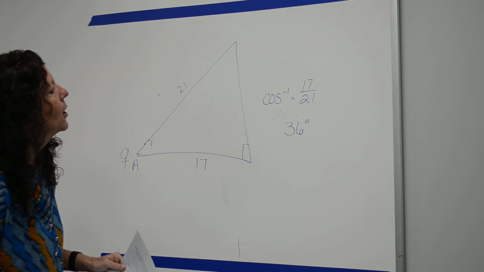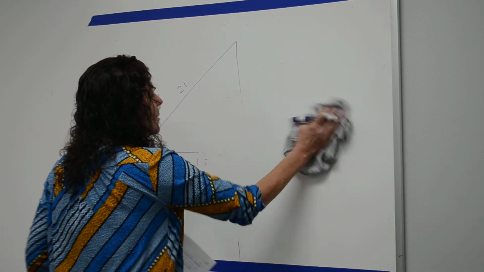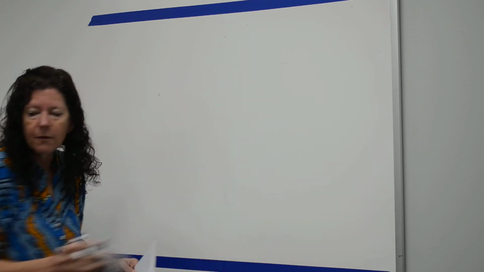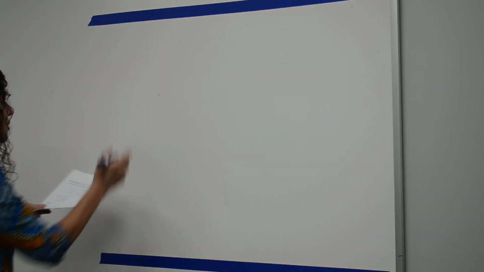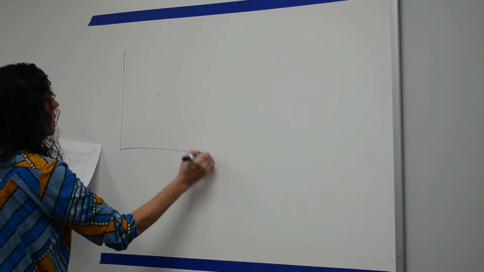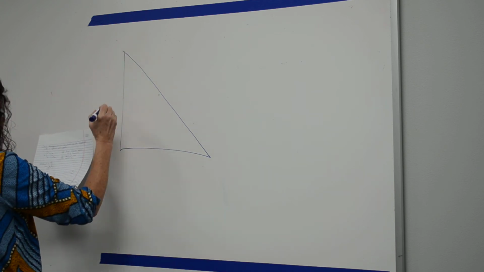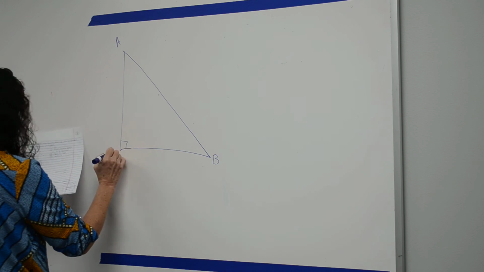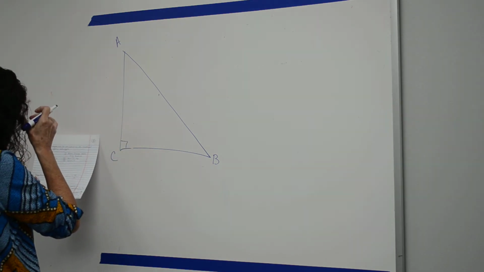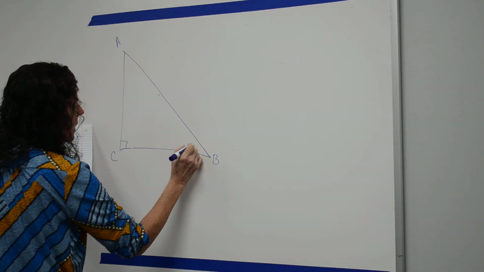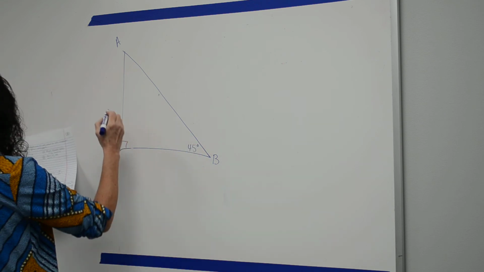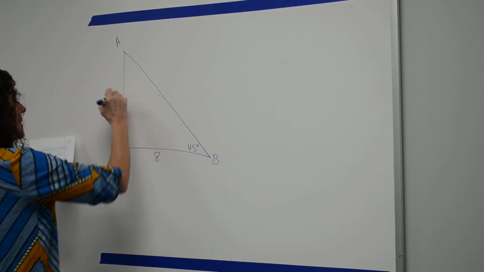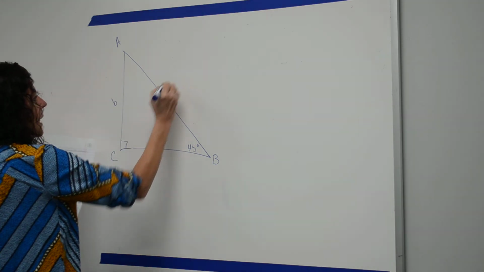Then, in the last part of the section, we actually solve for more than one thing in the triangle. We solve for all the missing parts of the triangle. So let's work on that. You know that this one down here is 45 degrees, and you know that this side is 8. Obviously the other sides are going to be little b and little a.